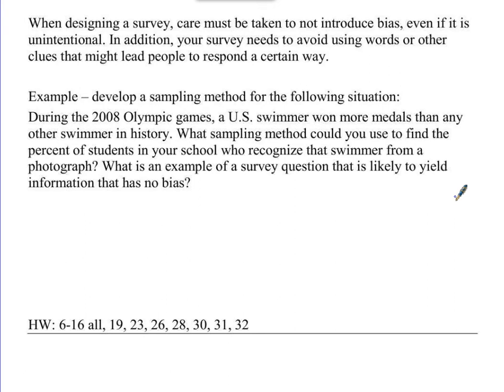So, what sampling method could you use to find the percent of students in your school who recognize that swimmer from a photograph? But we want to do this without introducing any bias. So we're going to have to go out and hold up a photograph and also ask a question. And there has to be zero bias. What can we do?